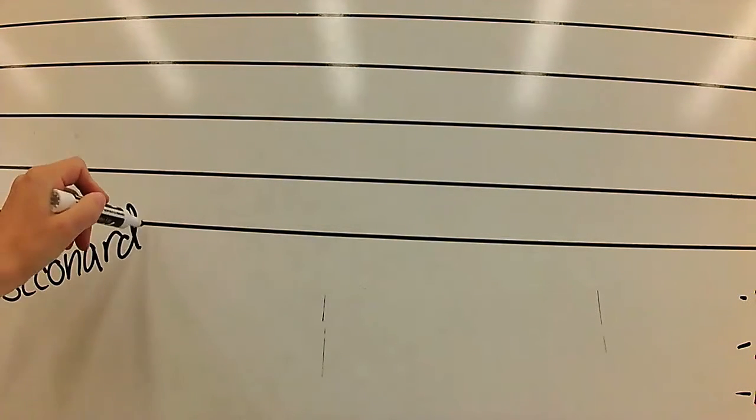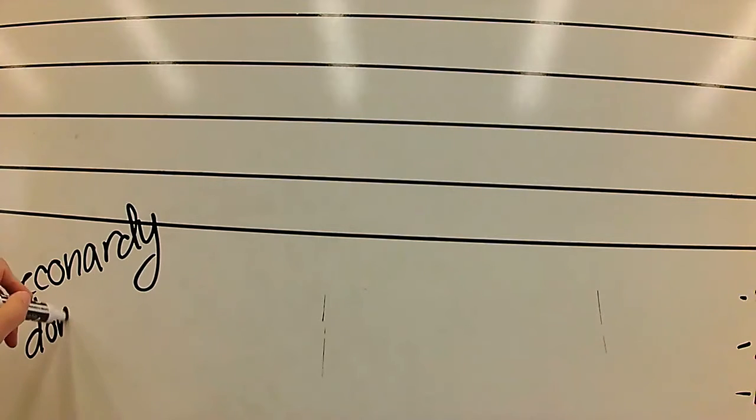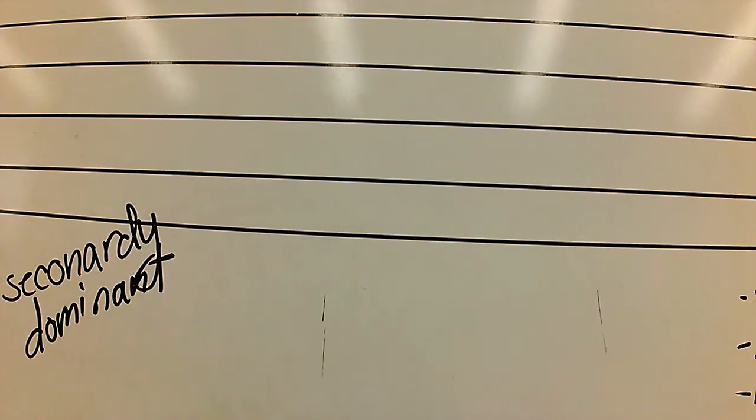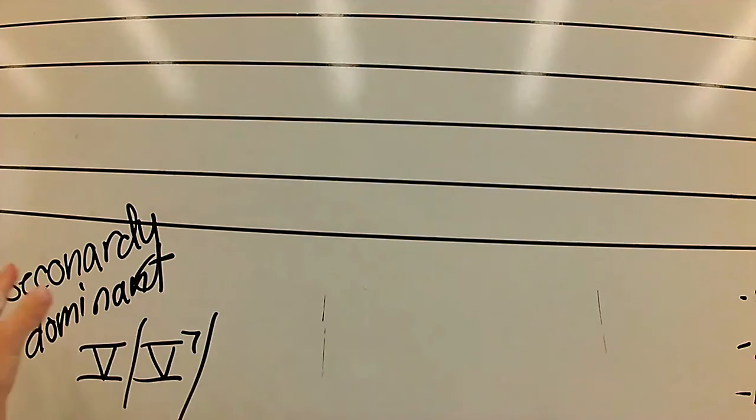Secondary dominant again is the name of the game when we are tonicizing something other than the tonic. If you recall from one of the previous videos, a dominant could be this chord, or that chord. We're talking about function here.